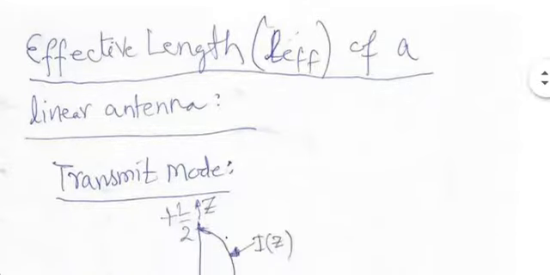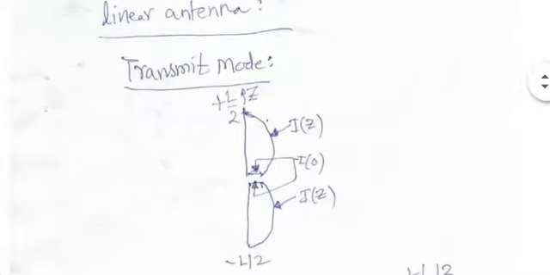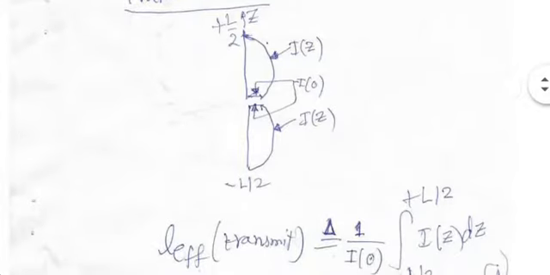If the antenna is in the transmit mode, and we will assume dipole antennas for now, the upper half has length L by 2, lower half has length L by 2. Small z equal to 0 represents the center of the antenna. The current distributions we already know will look like what is shown here. If this is the case, the effective length is defined by this formula.